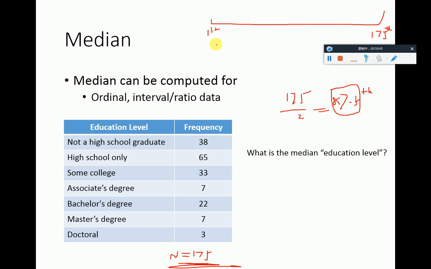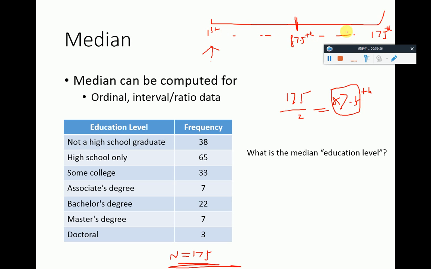And accordingly, by placing all these participants on this continuum, we can very intuitively determine that about here will be the center of the sample. Okay? So we're asking, what is the value here? Because we have 175 people, the central value for the sample will be 87.5.